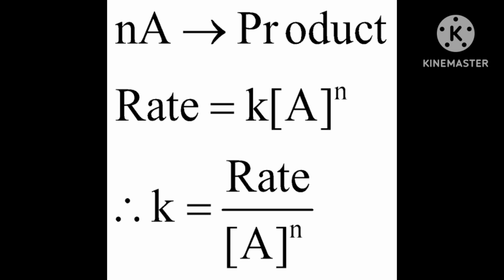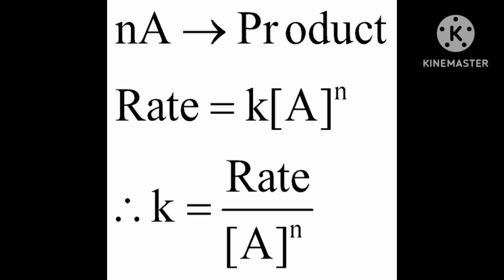Then 0 to 50 means 50, put the values as I told you, and you will get the different rates of reaction. In the first case, when time was 0 to 50, you will get minus dx upon dt, and the value will be 1.90.